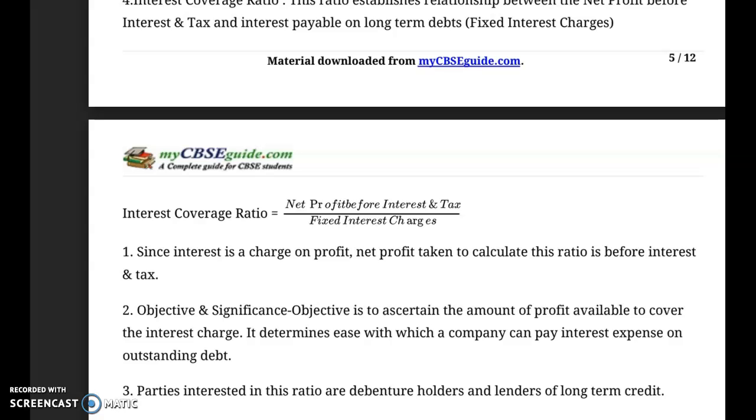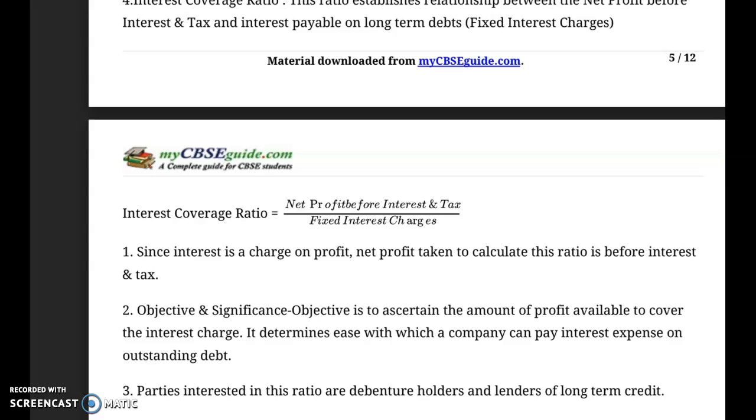Again, net profit before interest and tax means net profit before charging interest on the long-term liabilities and income tax, divided by fixed interest charges. Fixed interest charges here means the total interest which is payable on the long-term liabilities.